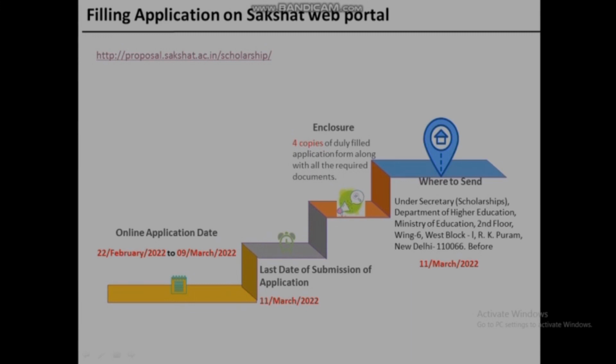You have to fill your application till 9th of March, and the last date of submission of your application by post is 11th of March. You have to send 4 copies of your application, out of which one will be your original, which includes original apostille documents, and the other 3 will be photocopies of that original application.